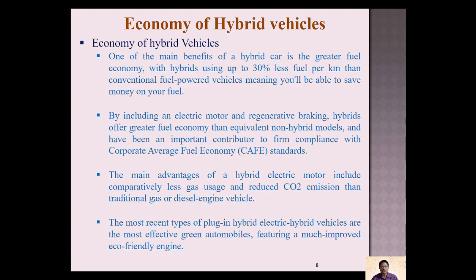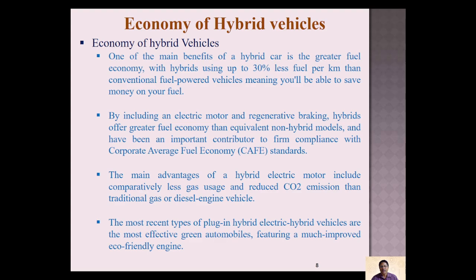The most recent type, plug-in hybrid vehicles, is emerging in automobile engineering. The battery pack will be larger when compared to the full hybrid. Whenever there is short commuting, you can operate the plug-in hybrid vehicle as an electric vehicle for a short distance. It can move 100 to 150 kilometers in electric mode.